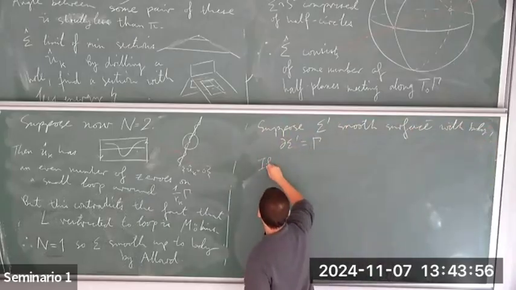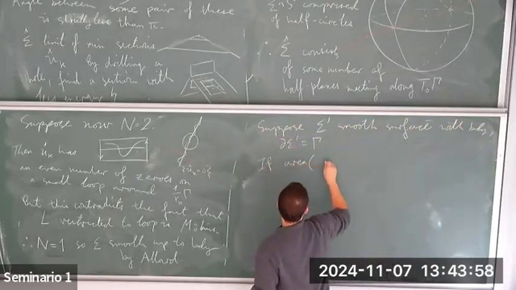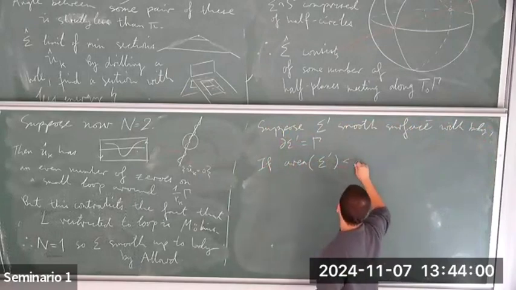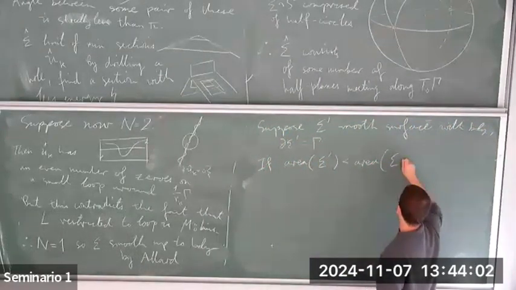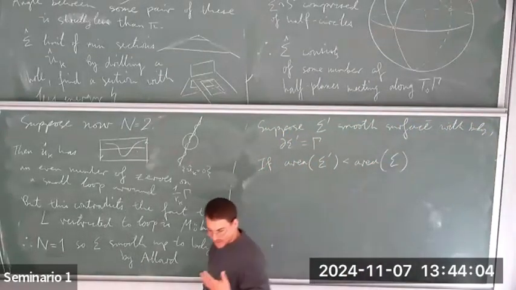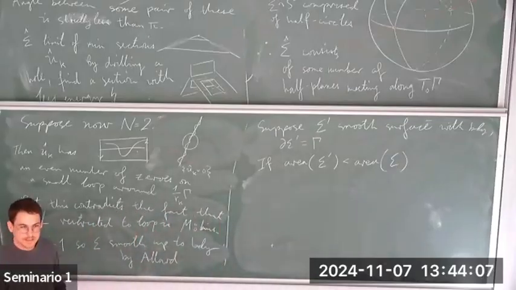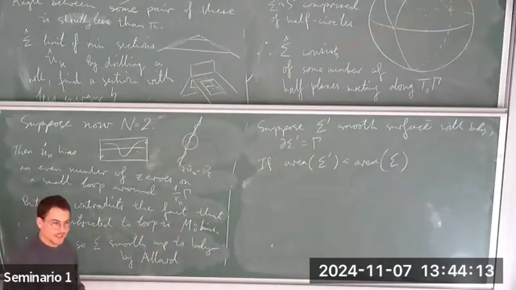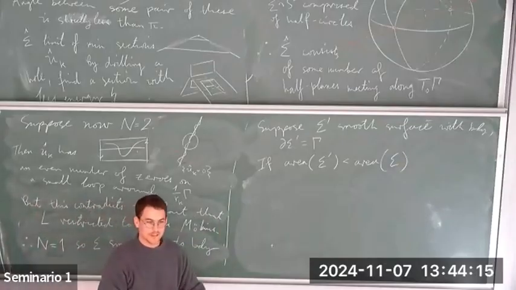Then if the area of sigma prime is less than the area of our surface sigma coming from the minimizing Allen-Cahn section, then this should lead to a contradiction. Okay, and how do we do this?